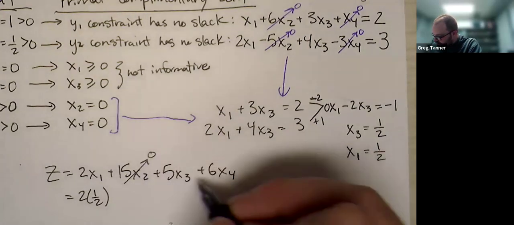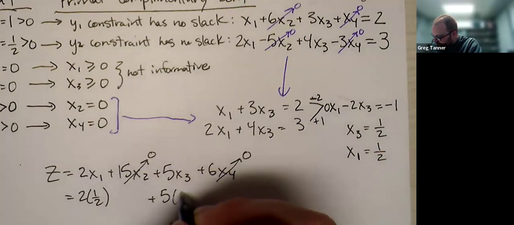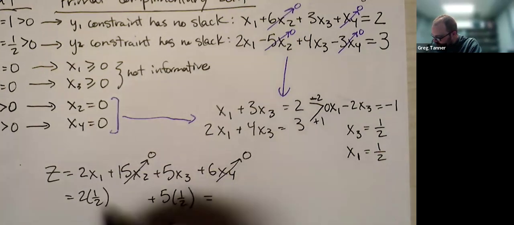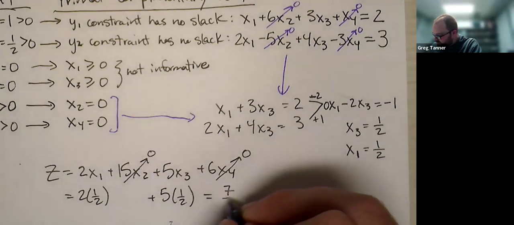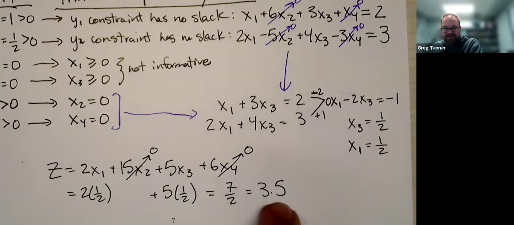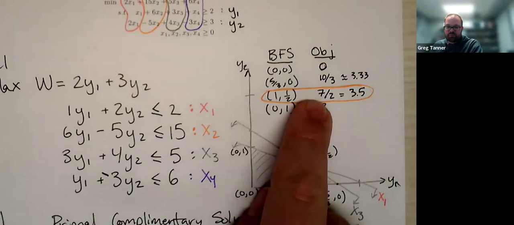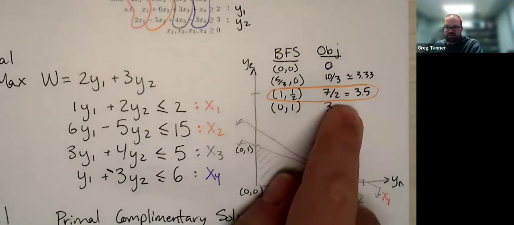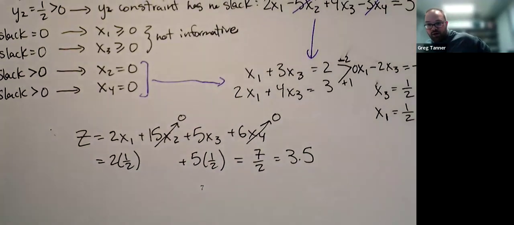This is 0 and this is 0. So then we get plus 5 times 1/2, and we get 2/2 plus 5/2 is 7/2, which is 3.5. Notice this is the exact same objective value as we got for the dual problem. In the dual problem, we're maximizing and we chose 3.5. This actually ends up being the minimum value for the primal problem.